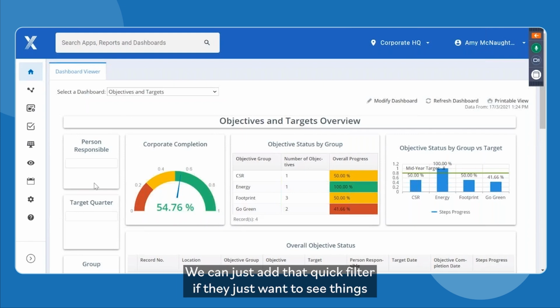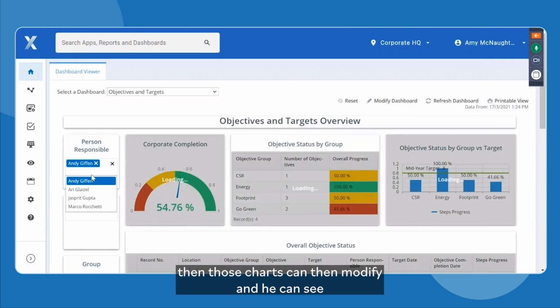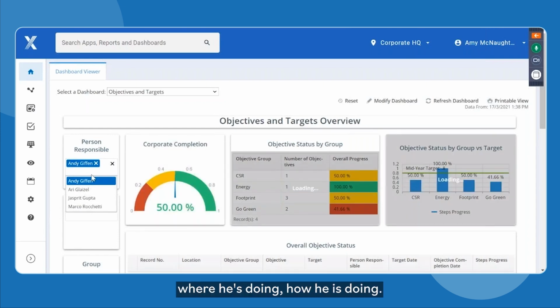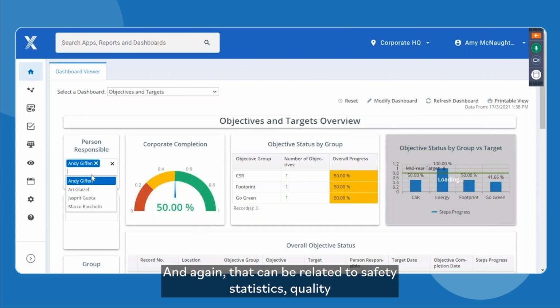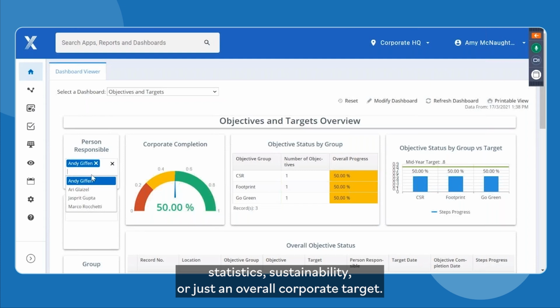We can just add that quick filter if they just want to see things that they're responsible for. So if Andy only wants to see his, or Marco, then those charts can modify and he can see where he's doing, how he is doing. And again, that can be related to safety statistics, quality statistics, sustainability, or just an overall corporate target.